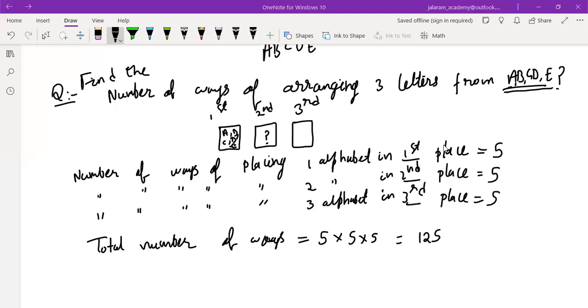Now, if you have understood, the number of ways of arranging 3 letters from A, B, C, D, E, when there is no restriction, is 5 cube. Okay.